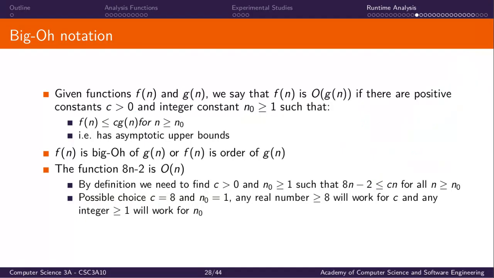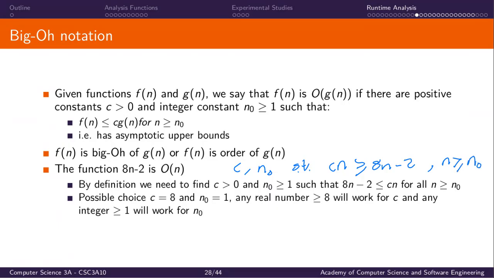So we would like to find some c and some n0 such that c multiplied by n is always greater than or equal to 8n minus 2 for n greater than or equal to n0.